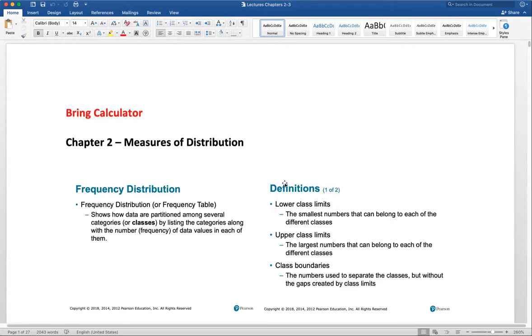Population is the complete collection of all measurements or data that are being considered. A census is the collection of data from every member of the population. And a sample is a subset of members selected from the population.